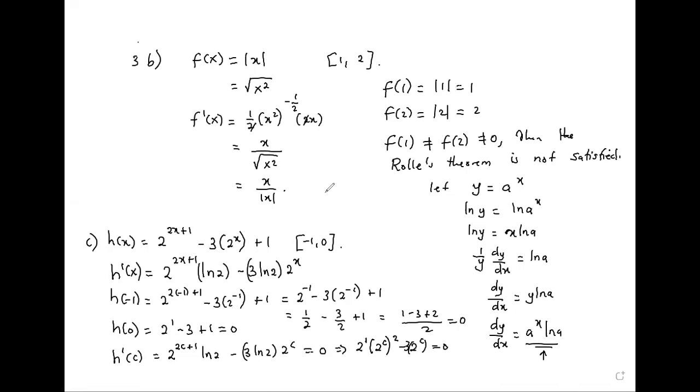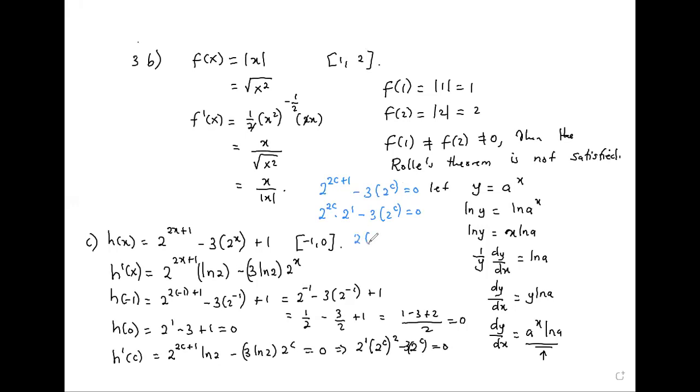When the powers are adding, it's the same as multiplying: 2 to the power 2c multiplied by 2 to the power 1. The minus is still there. So we'll have 2 to the power 1, this is just 2.